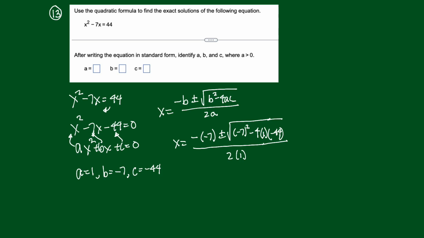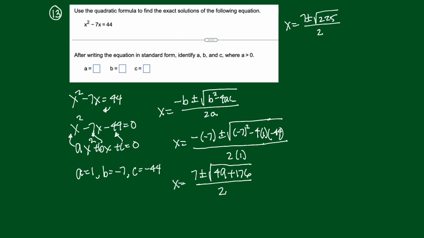All right, now it's just a matter of arithmetic. So we will get x is equal to, the opposite of negative 7 is 7, plus or minus the square root of, now negative 7 squared is 49. Now what is this? Negative 4 times 1 is negative 4. Negative 4 times negative 44 is plus, I did it on my calculator, 176, all over 2 times 1, which is 2. x is equal to 7 plus or minus the square root of, now 49 plus 176 turns out to be 225.